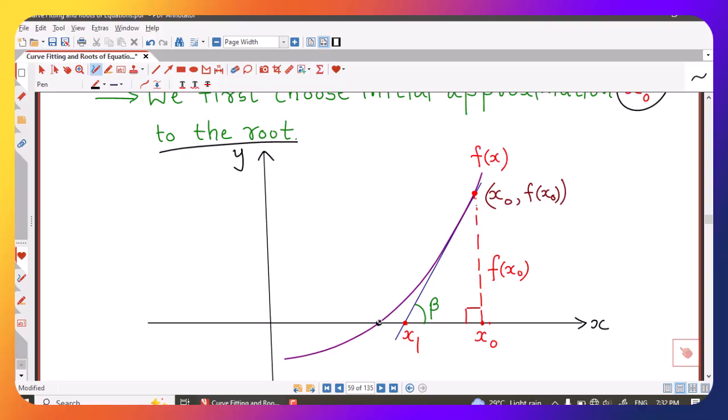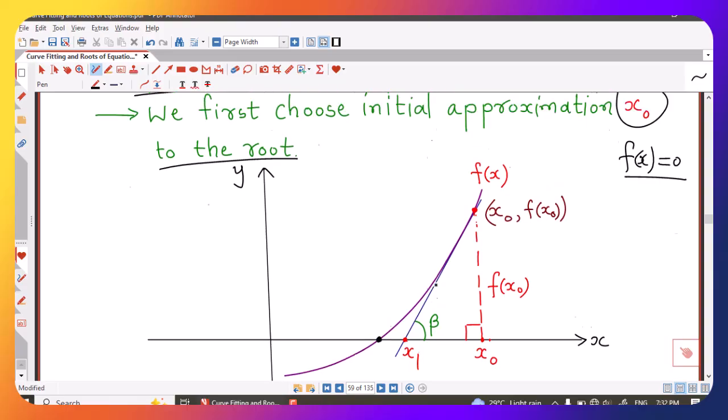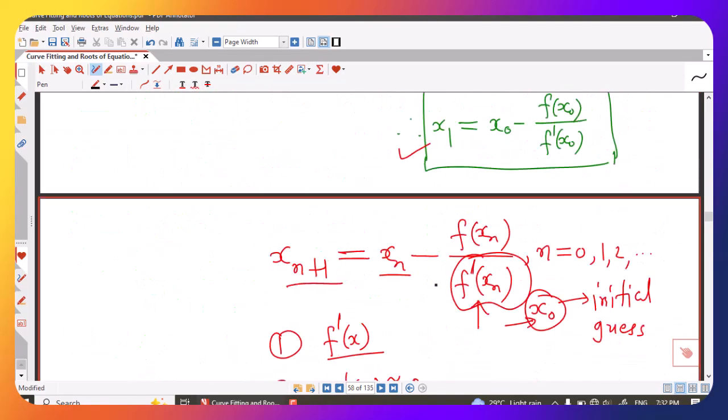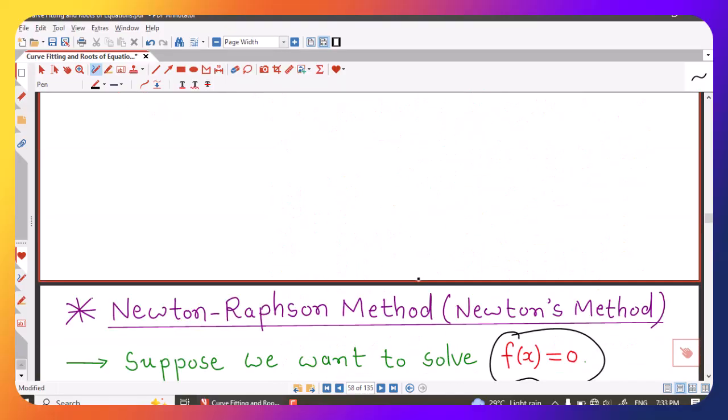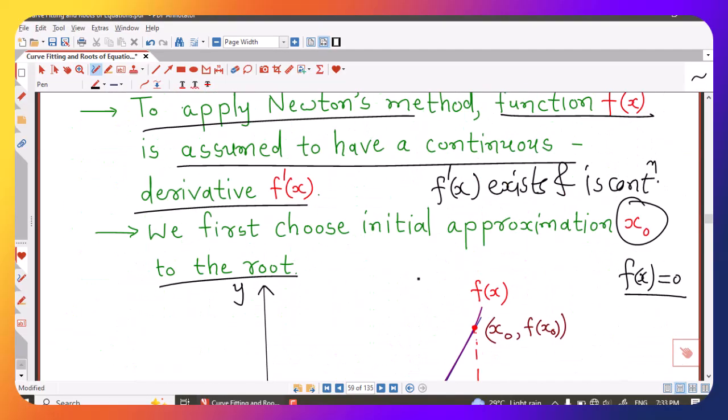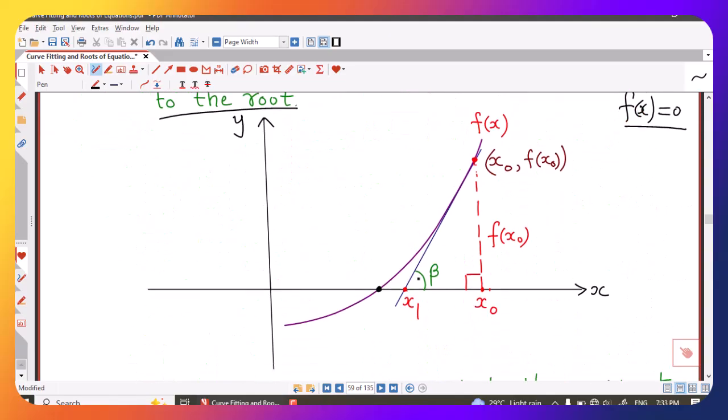This is the graph of some function f(x) for which we want to find out solution of f(x) = 0. So this is similar to this figure which I just explained. Here I have drawn systematically. If they ask to describe Newton-Raphson method, you should draw this type of figure systematically.